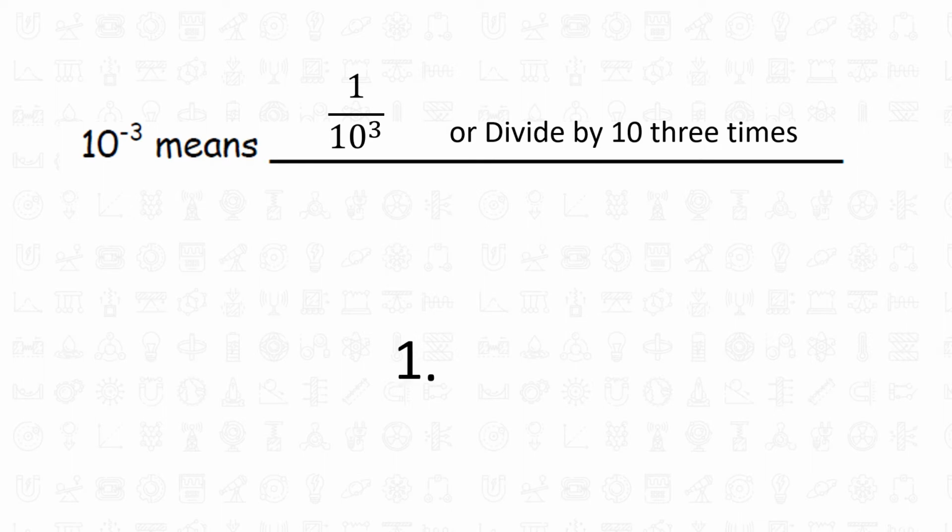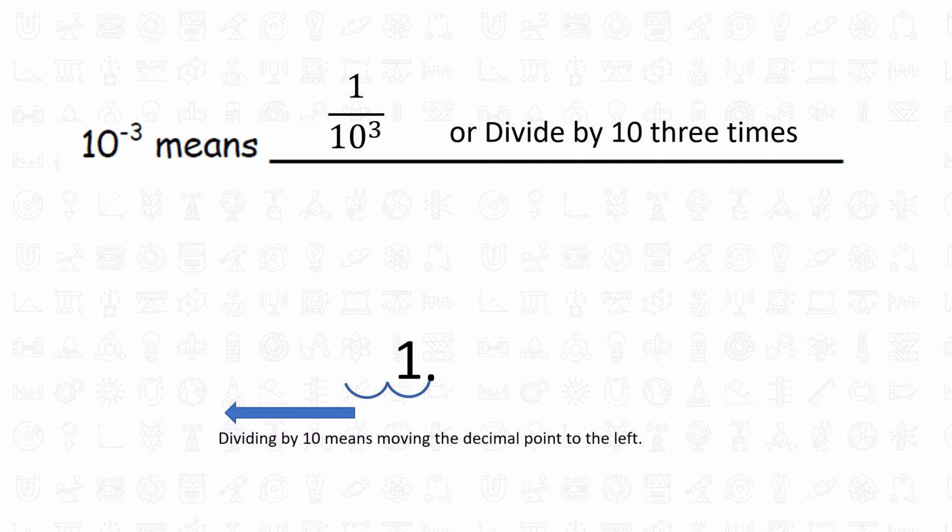So here's our 1. So if it's 1 times 10 to the negative third, we just get to divide by 10 3 times. So we're going to move that decimal place to the left. So dividing by 10 means moving the decimal point to the left. So we're going to do it 3 times. 1, 2, 3. So our decimal place is going to move, and we're going to put eggs in those baskets.